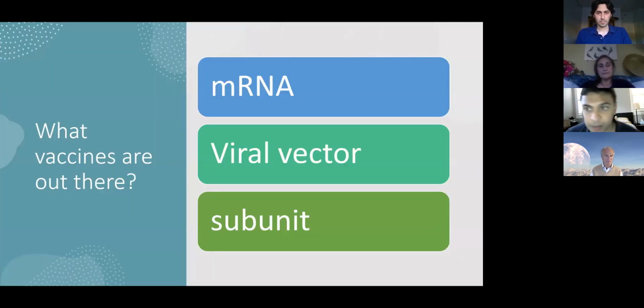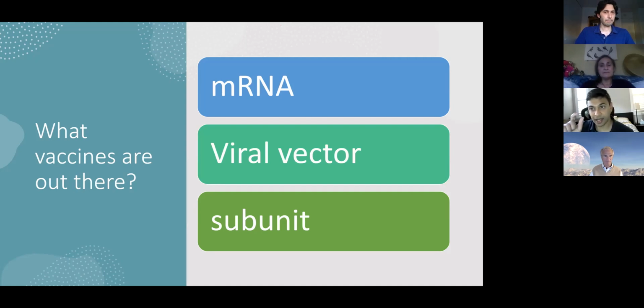There are currently 3 main types of vaccines out there. mRNA vaccines are the Pfizer and Moderna vaccines. This is where you take a sequence of RNA. We all have DNA, DNA gets turned into RNA, and cells read RNA in order to make proteins.